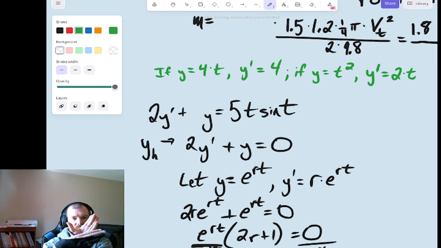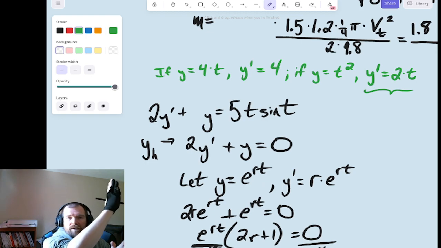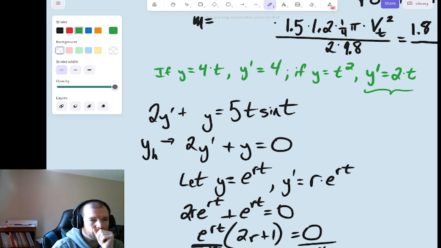And then when we start moving this way, our slope increases more and more. Turns out that the slope of the function y equals t squared is going to be y prime is equal to 2t, twice the distance that you are away in the horizontal direction. So you go over 1, the slope's going to be 2. You go over 2, the slope's going to be 4. And then it just keeps going like that.